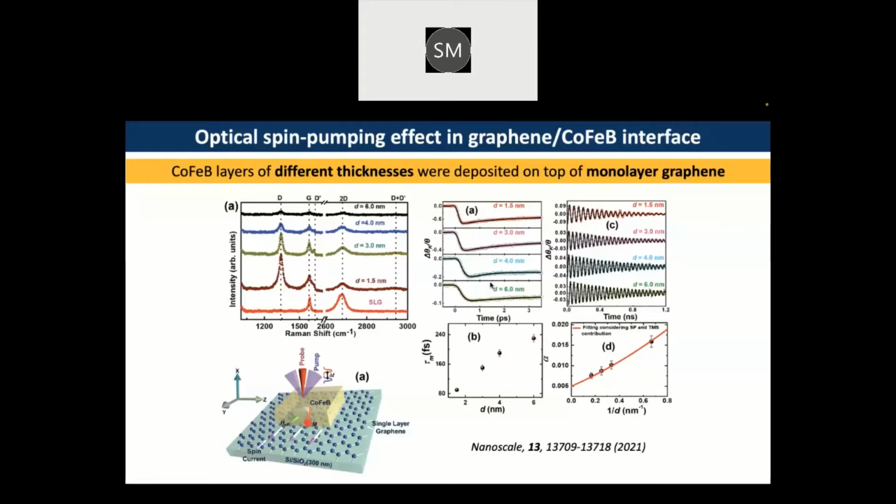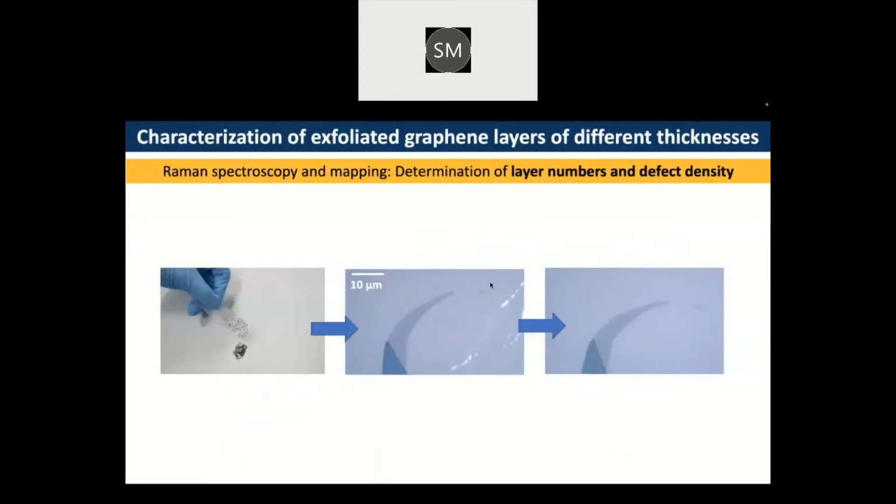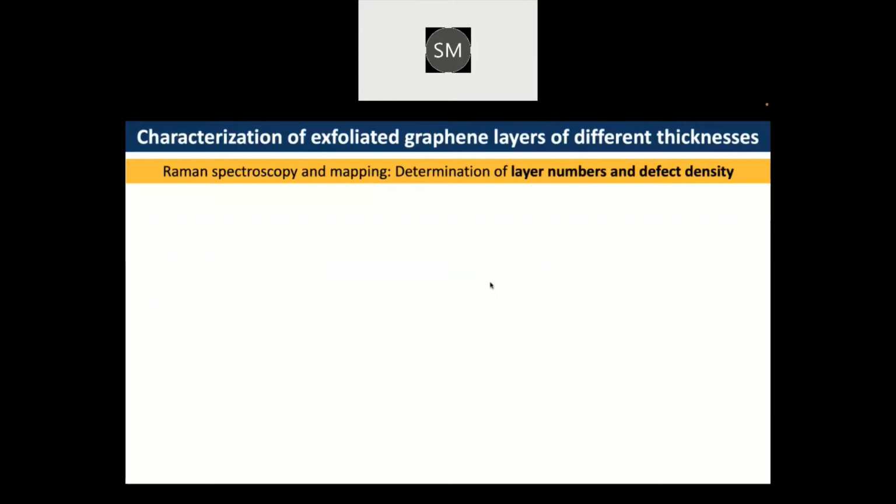So the next question remains: what happens if the number of graphene layers increases? For that, we have mechanically exfoliated graphene layers on a silicon oxide substrate, and then cleaned the surface with acetone and IPA to remove the residue of the scotch tape. Afterward, single point Raman spectra is obtained on the flakes.